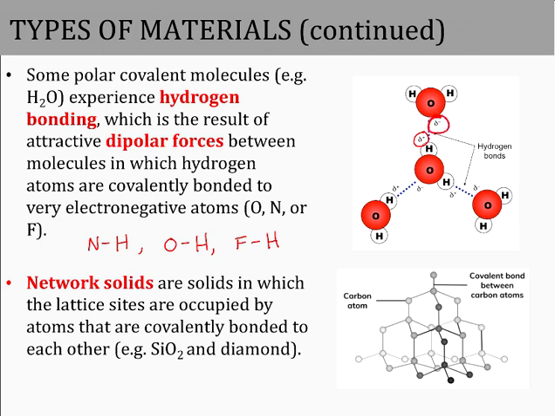However, because oxygen is very electronegative, if a hydrogen from one water molecule is facing the oxygen of a different water molecule, they're going to form a hydrogen bond. So this is a special type of dipolar force that's even stronger than a regular dipolar force.